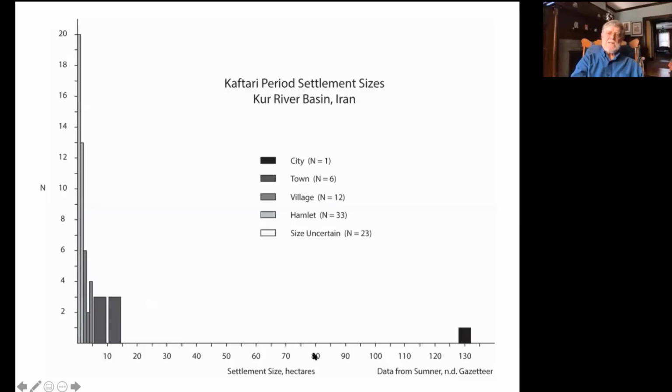But there are, contemporaneous with the occupation of the center, 6 little towns. There are a dozen villages, and there's 30 some hamlets. So there's a clear hierarchy in site sizes here. Very much a different pattern than we see in the Banesh.